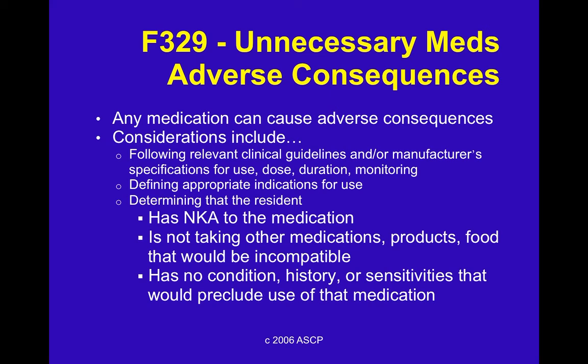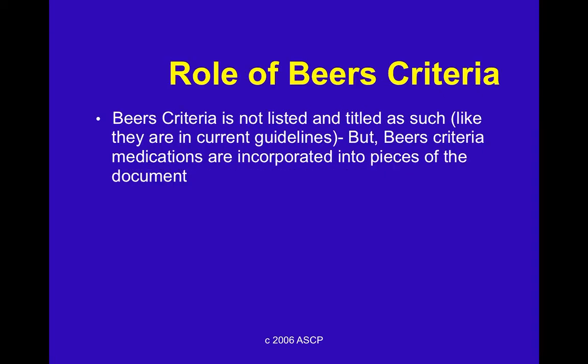So you want to make sure we're looking at the clinical guidelines, the recommendations of dose and duration, determining that the resident has no known allergies to the medication, is not taking other medications that might be incompatible, drug-drug interactions, drug-disease interactions, no history of sensitivity, and we want to focus on things such as renal function, making sure that this drug is not renally dosed, and we need to make dosing guidelines based on the package insert for creatinine clearance guidelines.